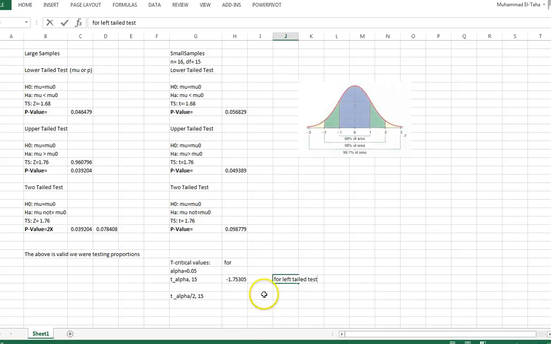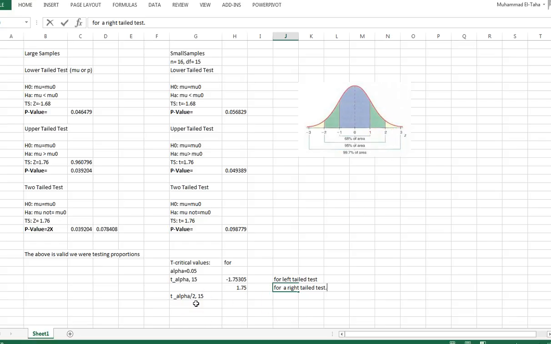If my test is right-tailed, I just do the same thing, except I would remove the negative sign. So I would use 1.75 as my critical value for a right-tailed test, because for a right-tailed test I need the value to be in the upper tail.